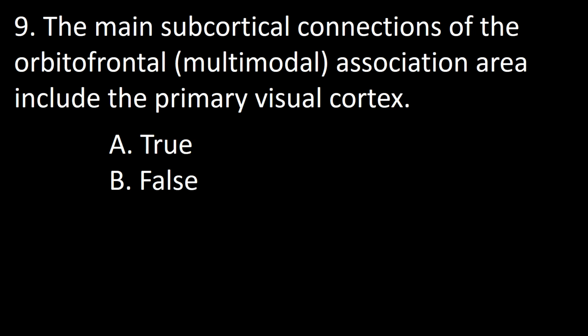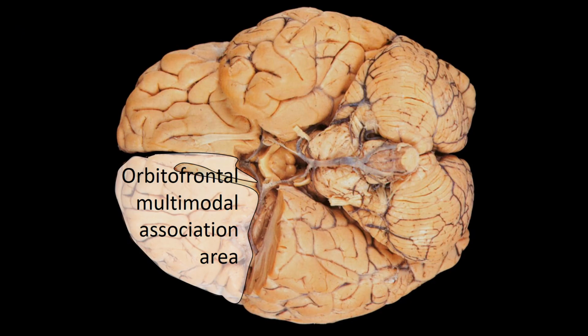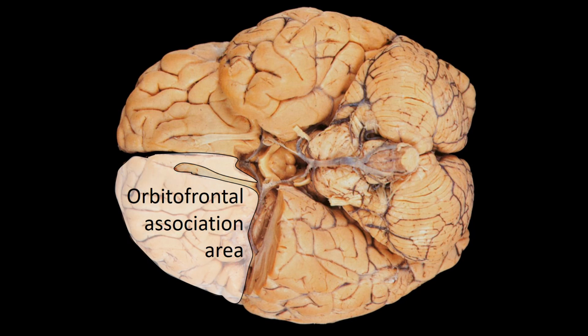Next question. The main subcortical connections of the orbitofrontal multimodal association area includes the primary visual cortex. A true, B false. The orbitofrontal multimodal association area is most often referred to as the orbitofrontal association area. It is interconnected with the other two ipsilateral frontal multimodal association cortices and with its contralateral counterpart.